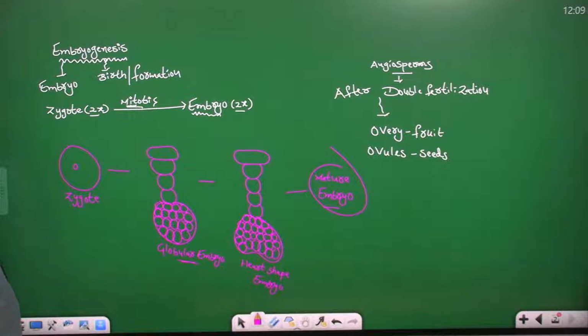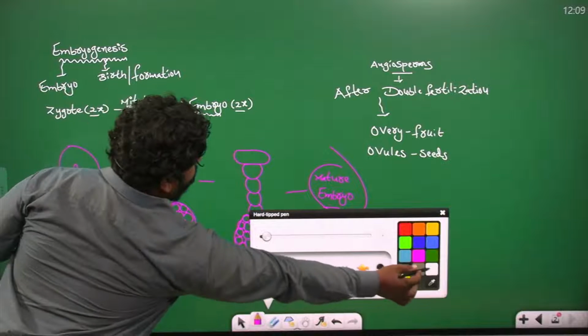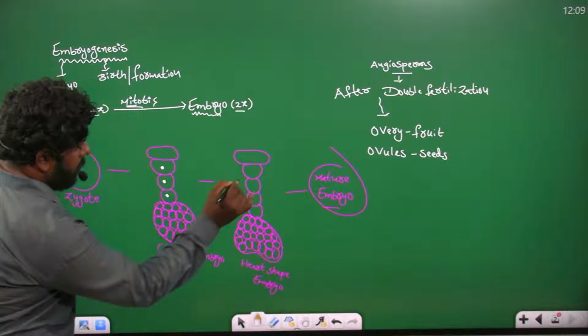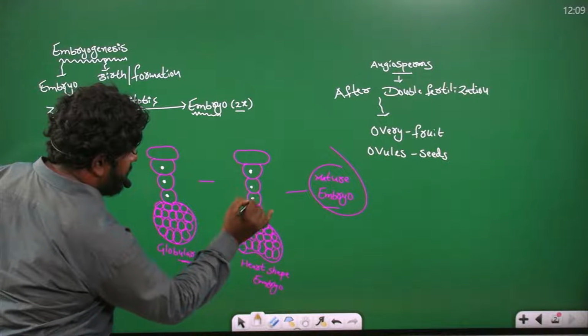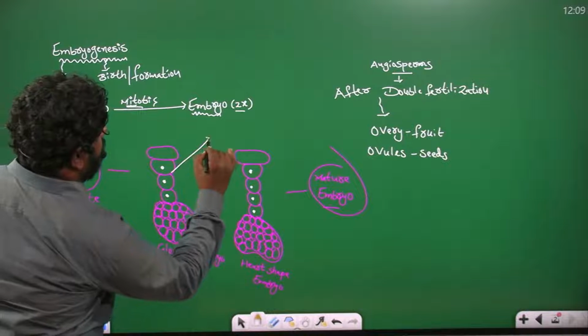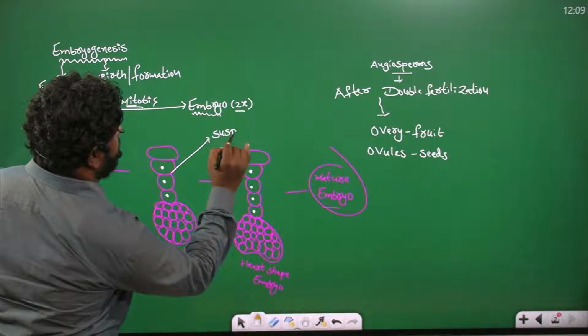And see, listen here, one point. Whatever cells are present in globular embryo and heart-shaped embryo, those cells are called suspensor cells.